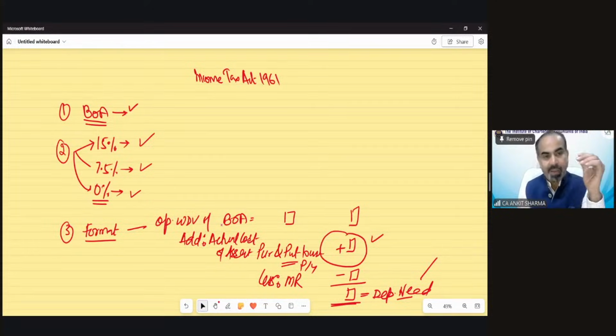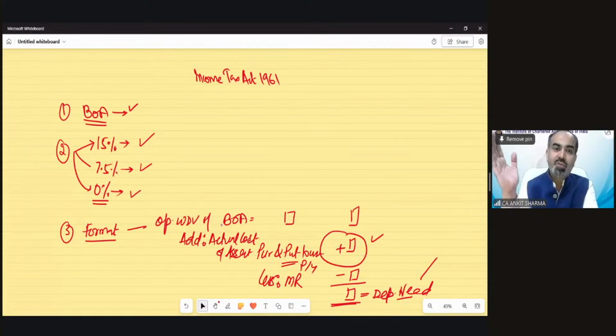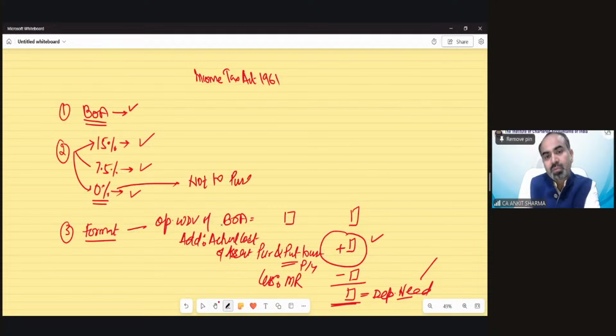In this step, first of all, go and understand the concept of block of asset and solve the illustration given in the study material. Then understand the applicability of rate: in which situation the full rate would be applicable, in which situation half, and when there would not be any rate of depreciation. If the asset is not put to use, there would be no depreciation rate.